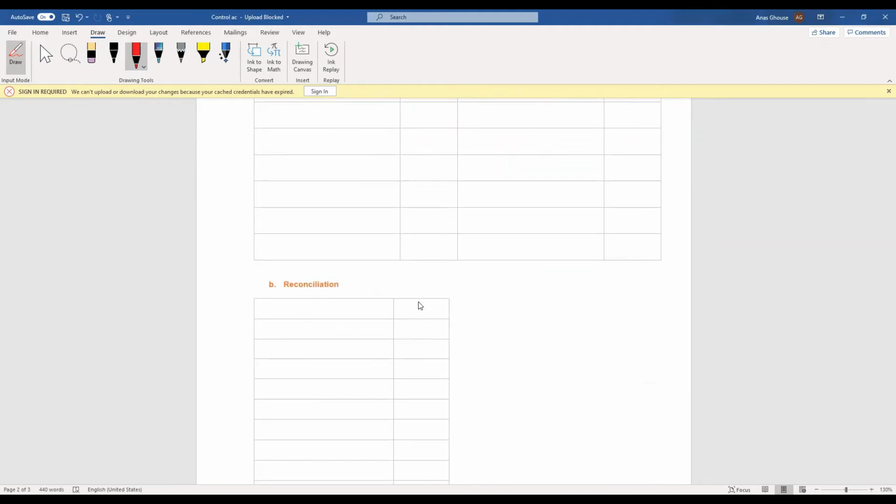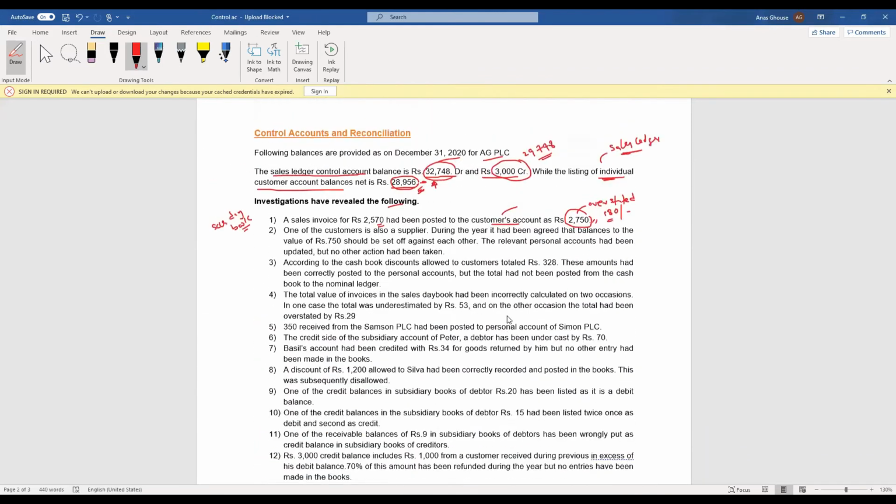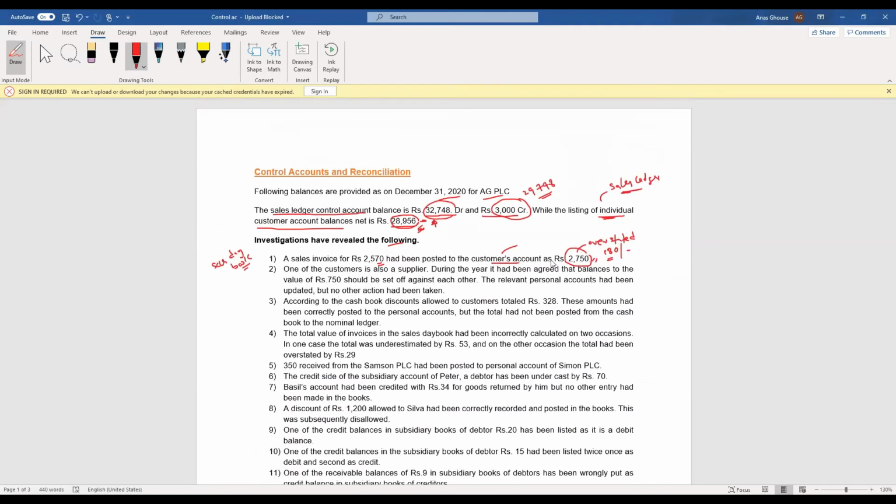The reconciliation opening balance of individual customers is 28,956.